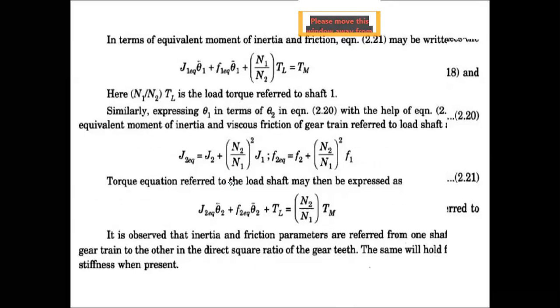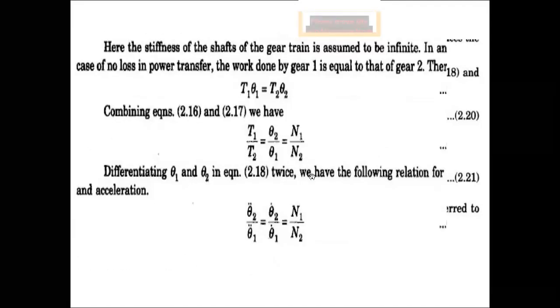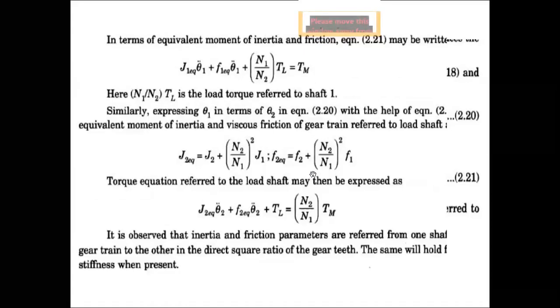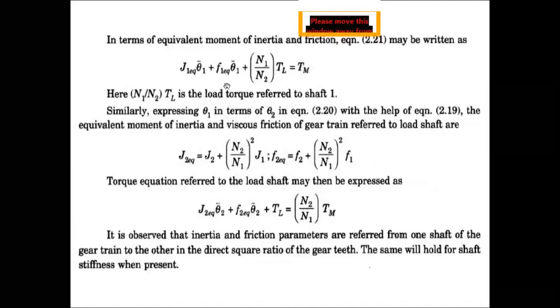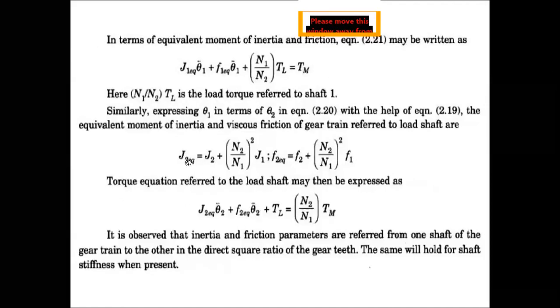Similarly, let us operate on the second equation. In this equation, from T1 and T2, you replace these terms. Accordingly, you are going to get the other form of this nature. So what I am having here is J1 equivalent. How are we getting J2 from J2?